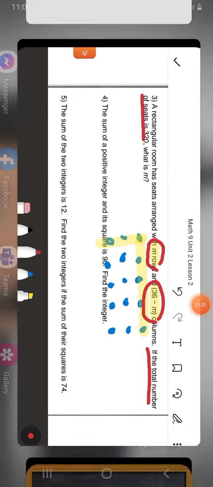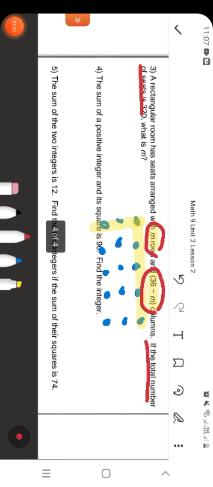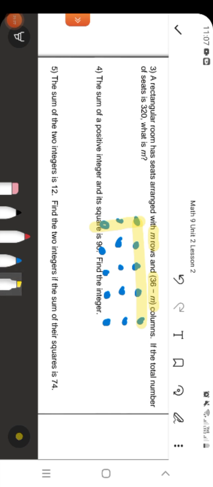Moving to problem number 4, it says that the sum of a positive integer and its square is 90. Find the integer.